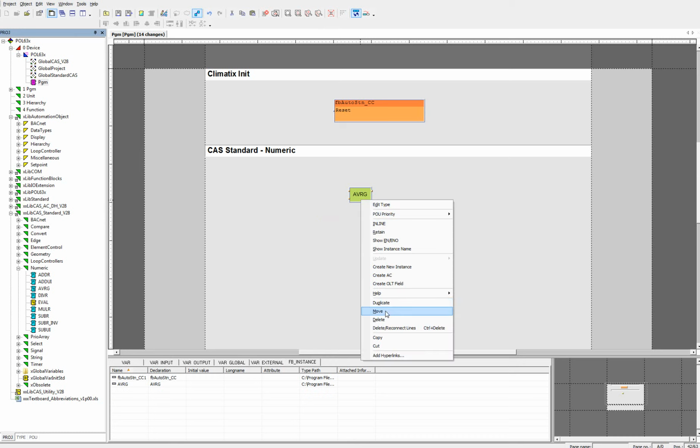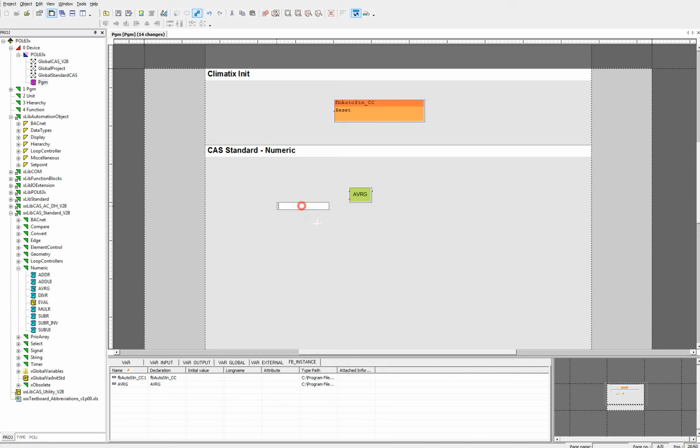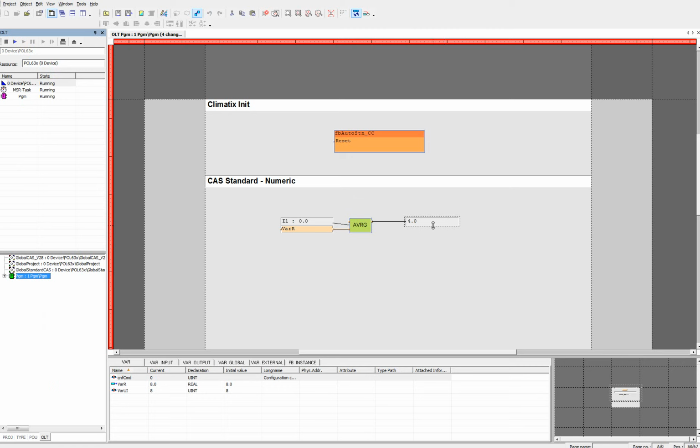So if we create two average blocks, any value, for example variable real, which we have already defined as 8, and we leave the second value open, the result is 4, because the average of 0 plus 8 is 8 divided by 2, which is 4. If we have an average of two values, one being 8 and the second being 8, the average is 8, and so on.